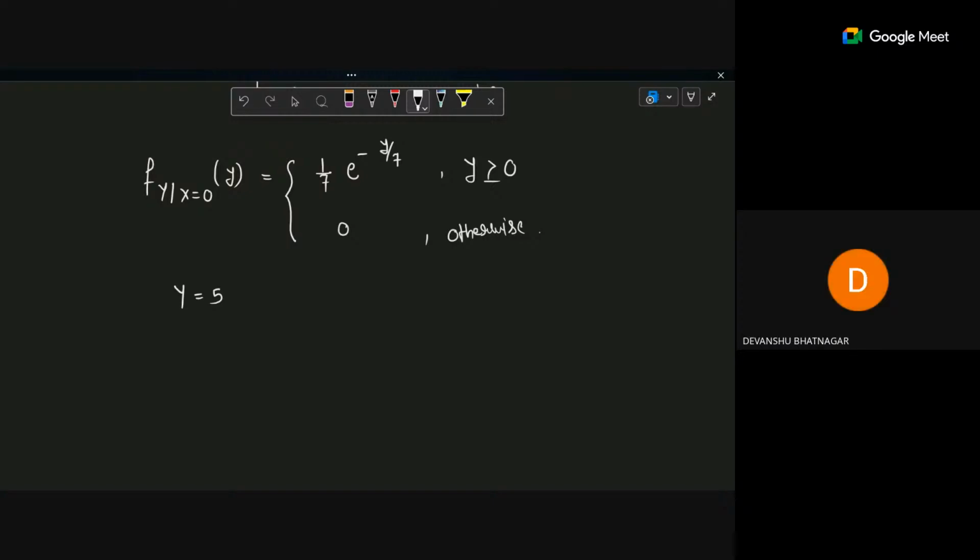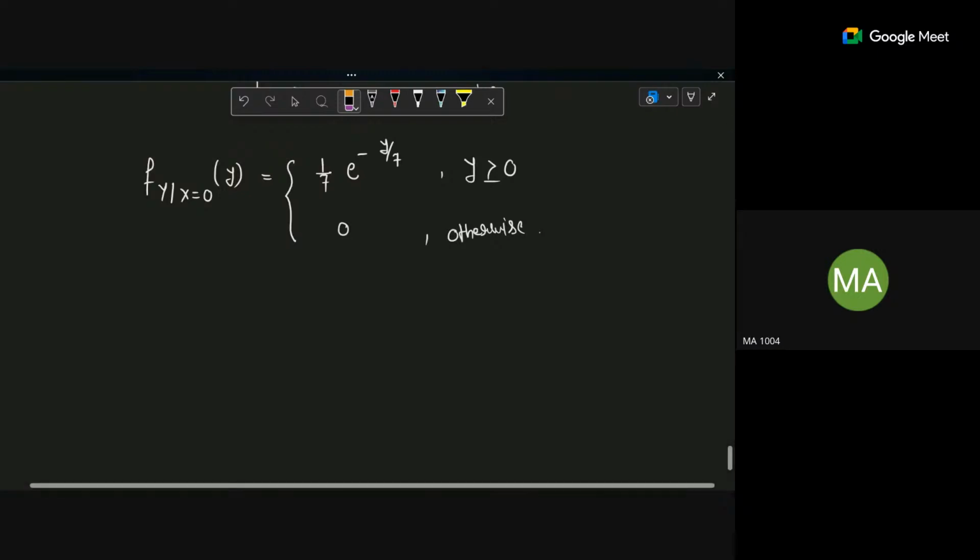They said it lasts for 5 years. More than or less than was not used, so I am taking Y is equal to 5. In the question, we are given that the battery lasts for 5 years. That means the value of Y is equal to 5. Okay, so this is a given condition.